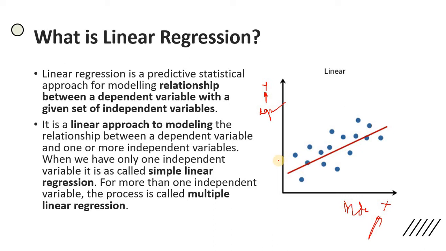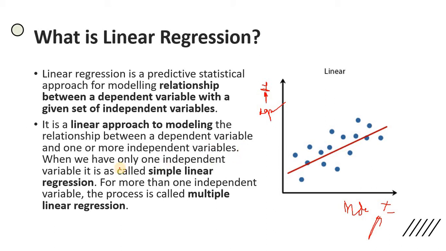There can be multiple x variables, and based on them we predict the value of y. So y becomes dependent and x becomes independent. By analyzing, we can see that in linear regression we are just drawing a straight line on the data set. So it is a linear approach to modeling the relationship between the dependent variable and one or more independent variables.